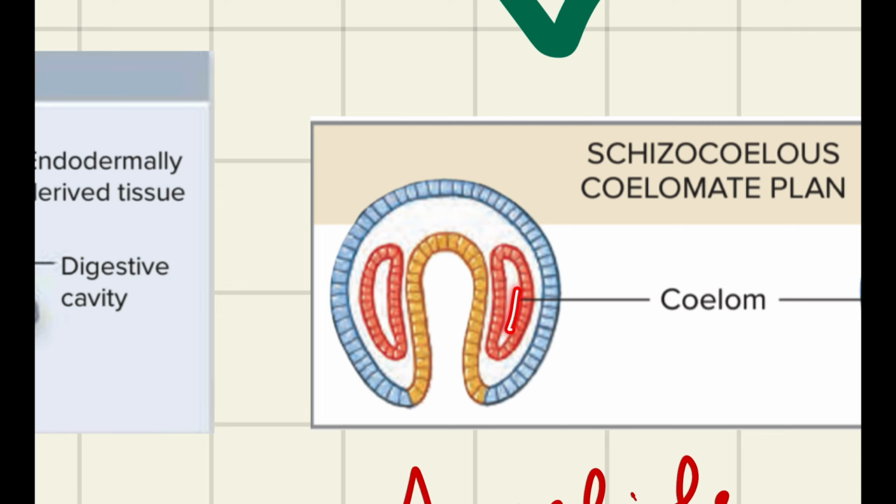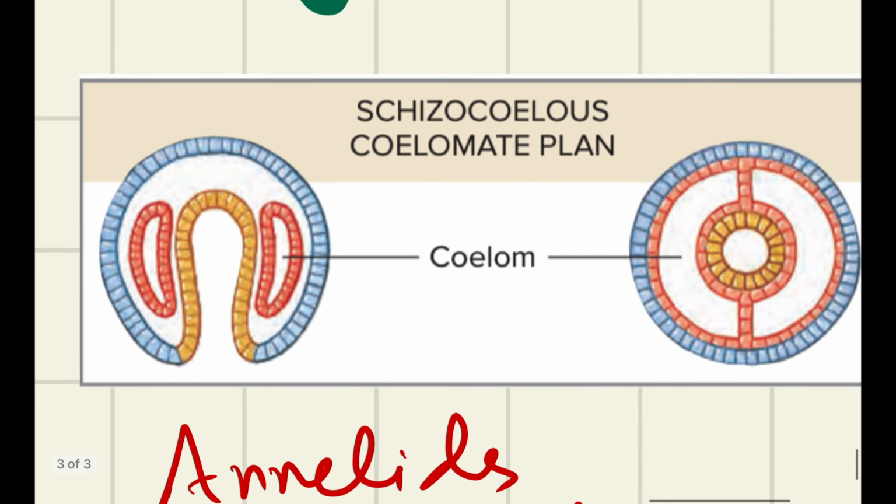There is splitting of these mesodermal bands, and there is the formation of a cavity which elongates and fills this whole blastocoel and forms a coelomic cavity. See here, there is no blastocoel now, and again if we see the definition of coelom, the conditions are getting fulfilled.